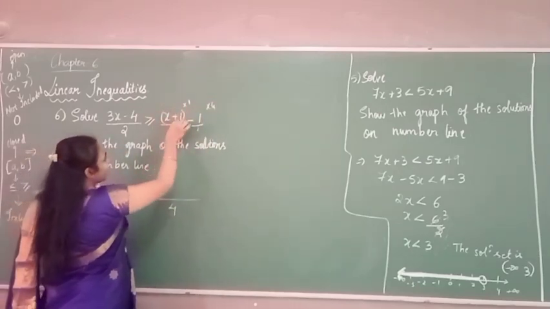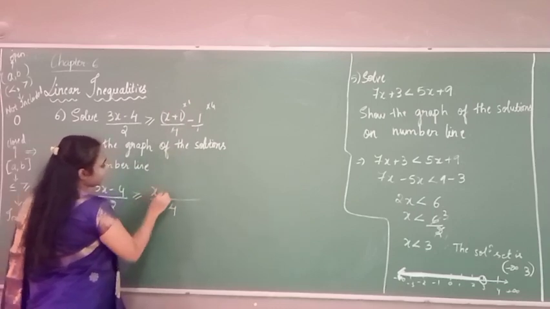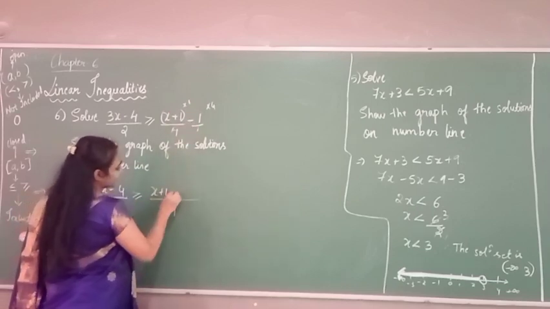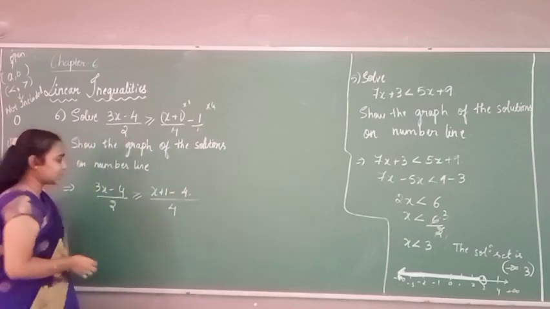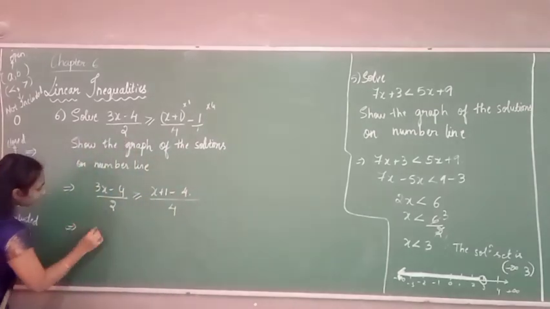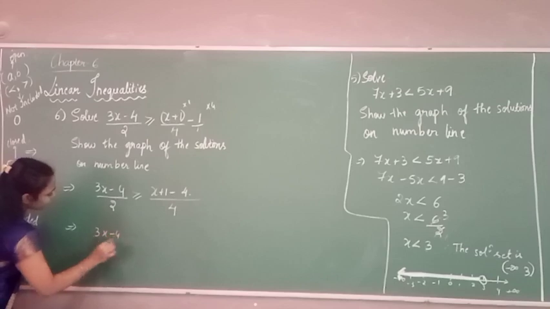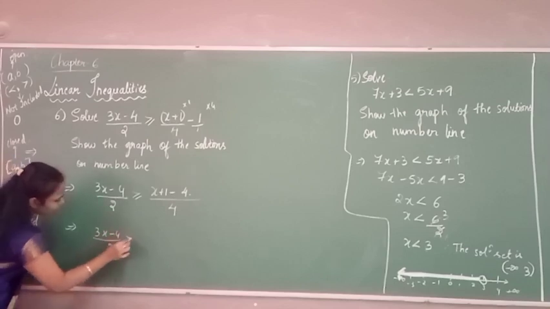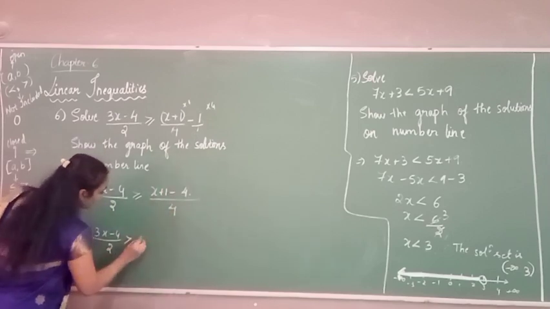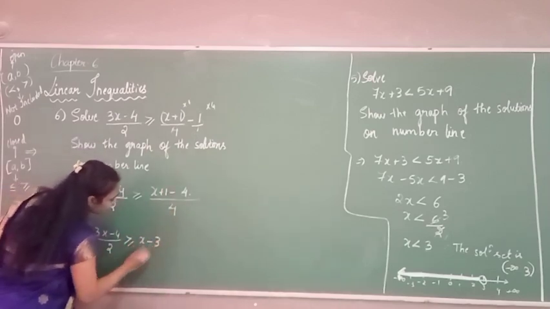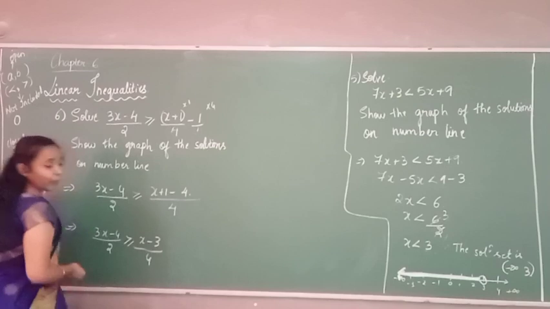So x plus 1 into 1 is nothing but x plus 1 minus 4. Is it clear? Next step, (3x minus 4) whole divided by 2 is greater than or equal to x plus 1 minus 4, so we will be getting (x minus 3) whole divided by 4.